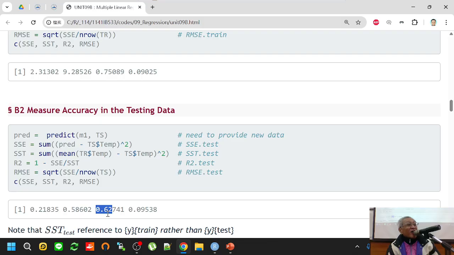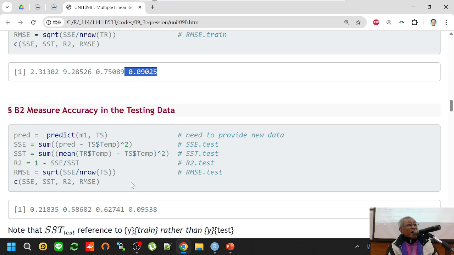And if you look at the average error, RMSE, the average error in the testing data set is higher than in training.